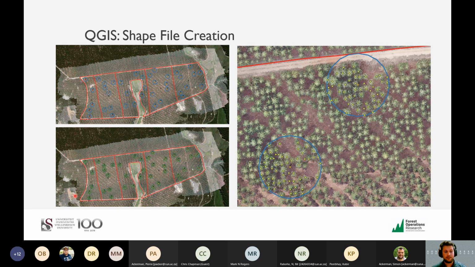Next, the treetops that were detected using the R script were imported, and basically these buffered regions were used to segment only the trees or the samples of interest. Here is a close-up of these samples, basically the treetops detected via the algorithm used in R.